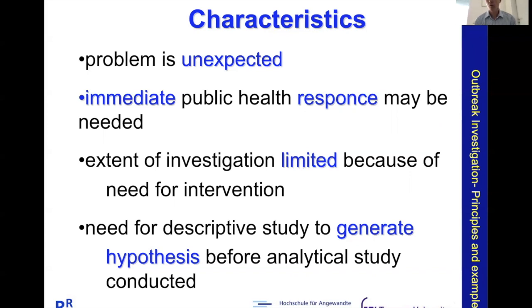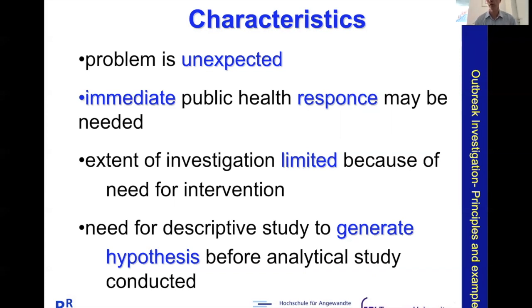Nevertheless, an immediate public health response may be needed. People want to have a response, and if we want to have an impact, we have to be as quick, as fast as possible. The extent of the investigation might be limited because of the need for intervention.